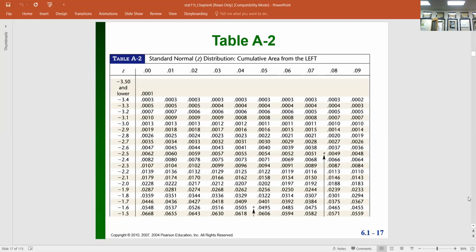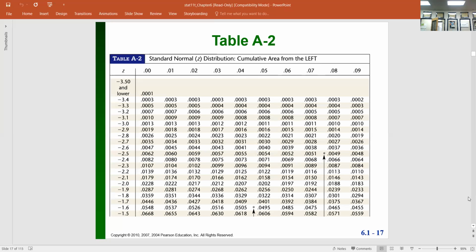If we multiply by s, then we have the difference between the two scores. So 2.33 times 2.5 is 5.83. We're going to round it off to 5.8. So x minus x bar is minus 5.8.